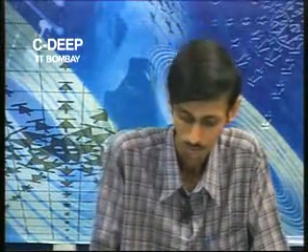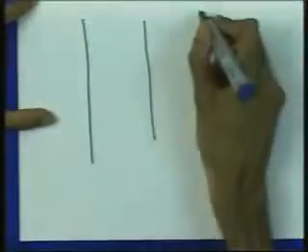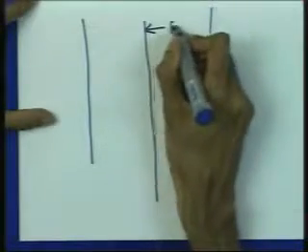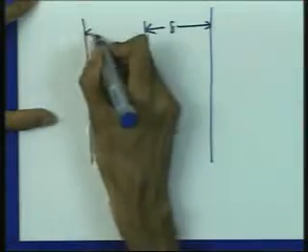Okay, the intuition is this. So let's magnify the small band around the center. Here's the central line, and here are the two bands, right? So this is delta, and this is also delta.